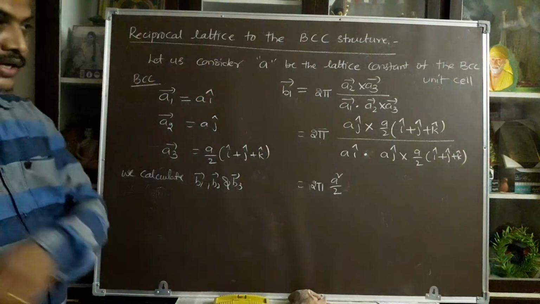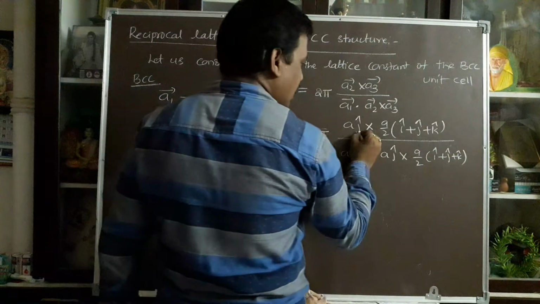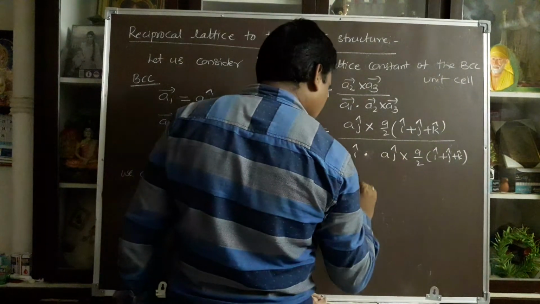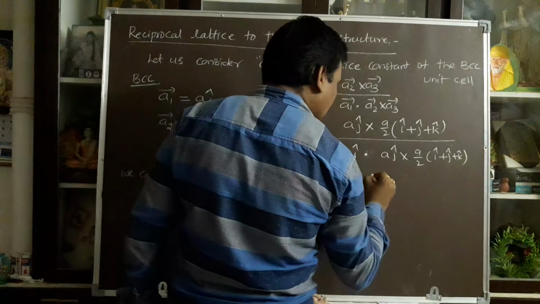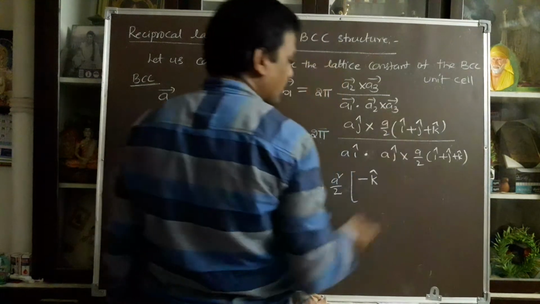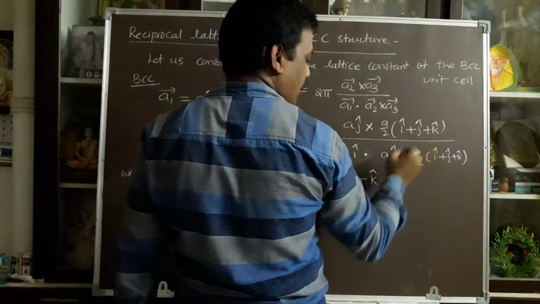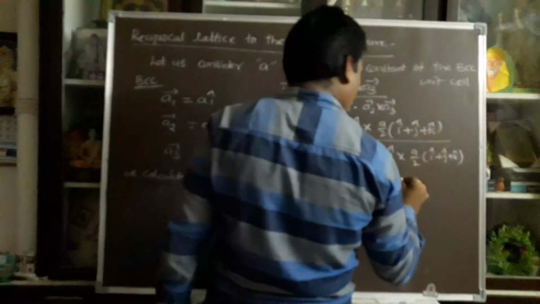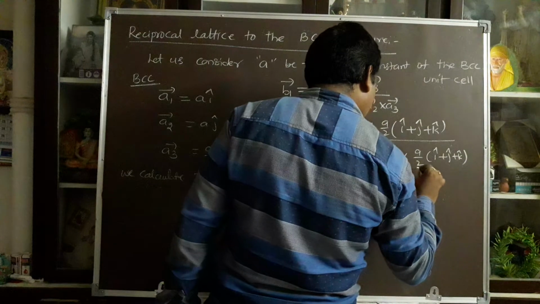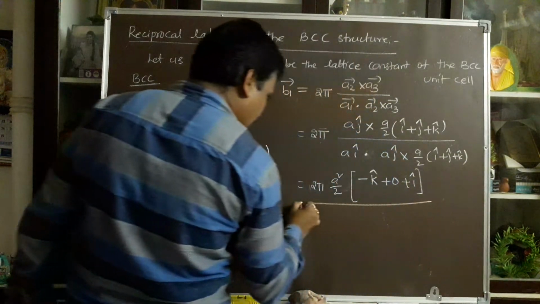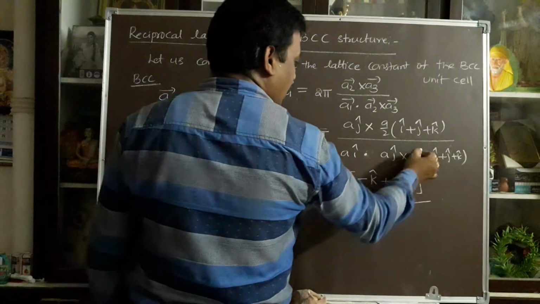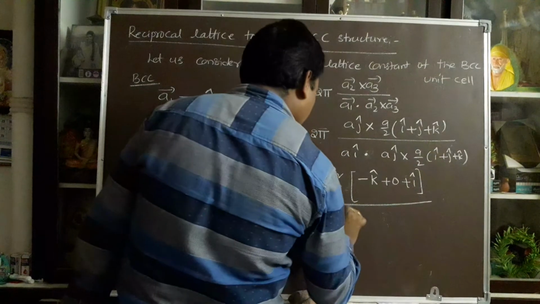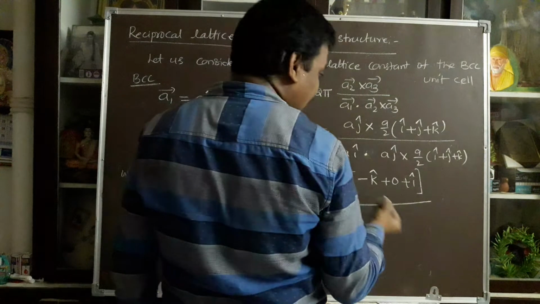So j bar cross i bar is minus k cap, j bar cross j bar is 0, j bar cross k bar is i cap, divided by a into a cube by 2 into the dot product.